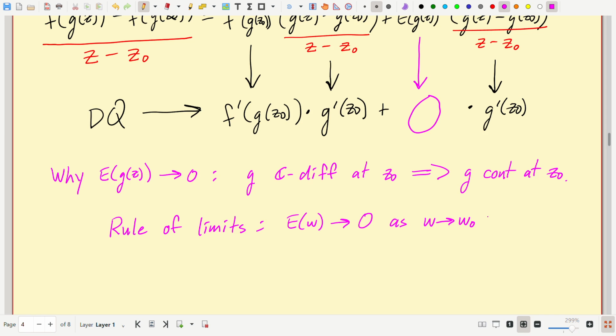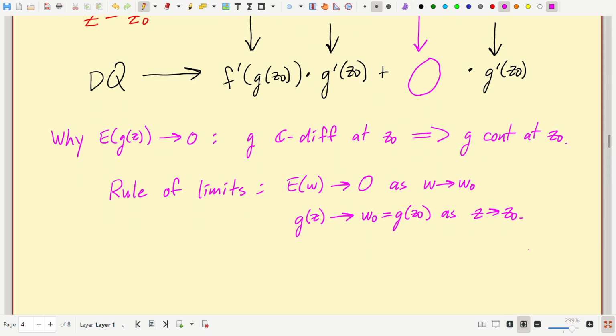And we know that G of Z goes to W naught, which equals G of Z naught, as Z tends to Z naught. So, E of G of Z goes to 0 as Z tends to Z naught.